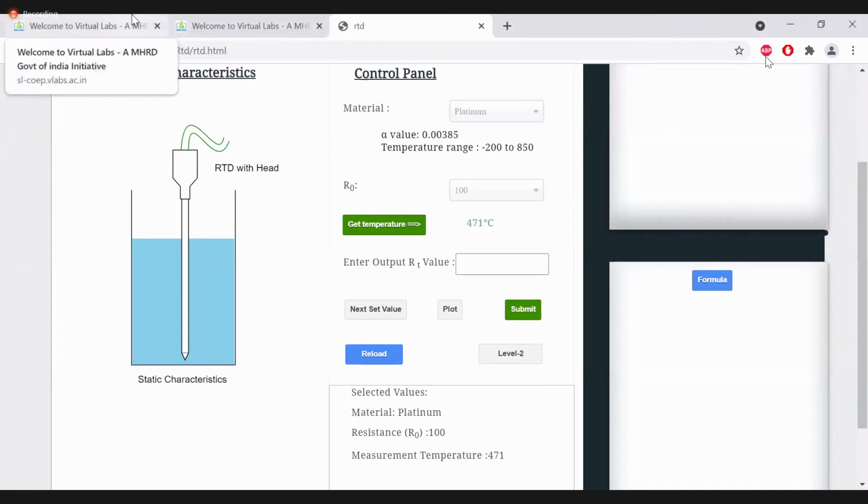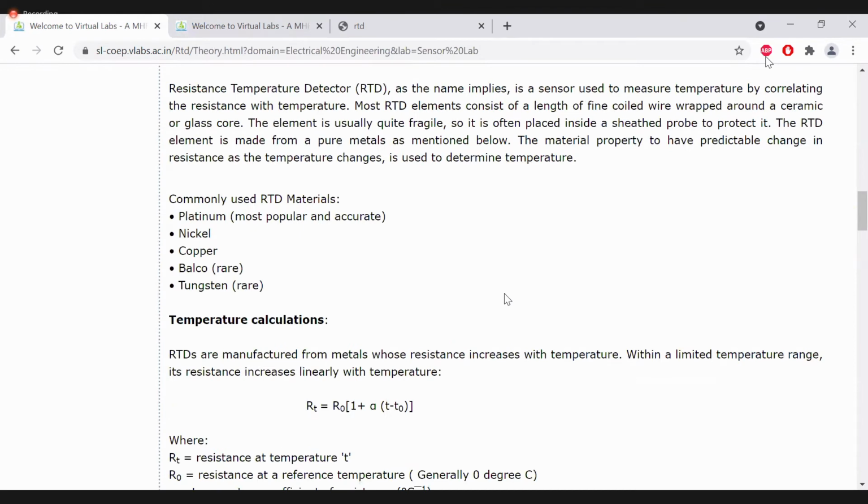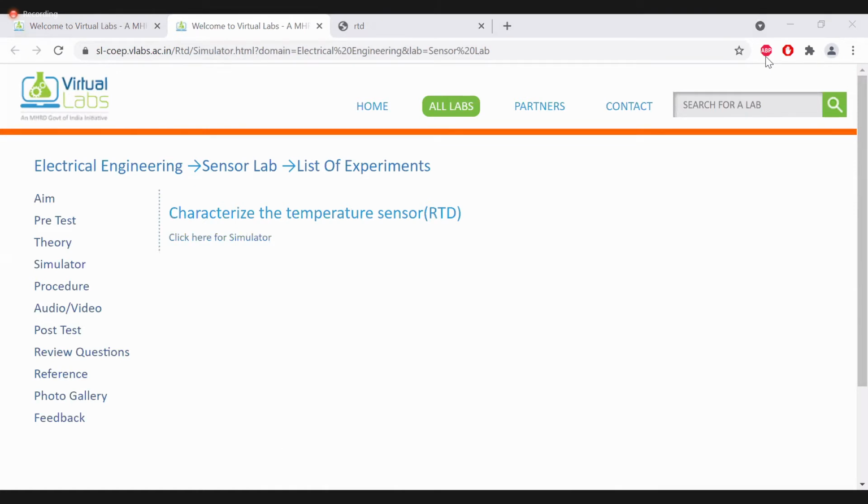If you go to the theory, we'll get the formula. See, RT is equal to R0 into 1 plus alpha into T minus T0. So this is the formula.